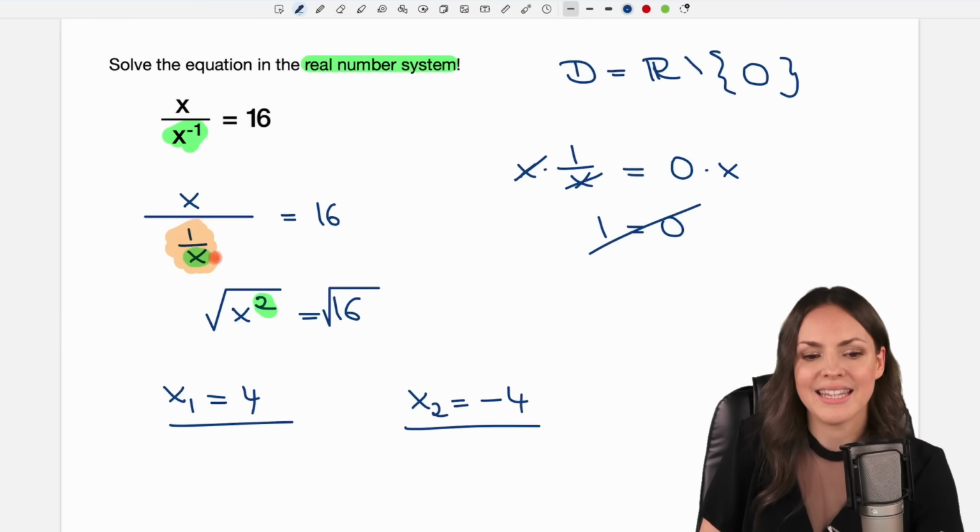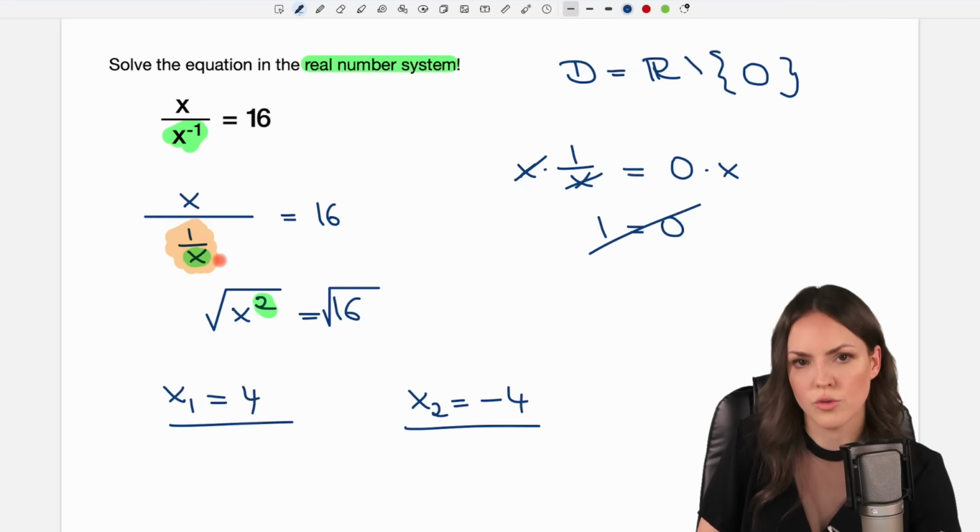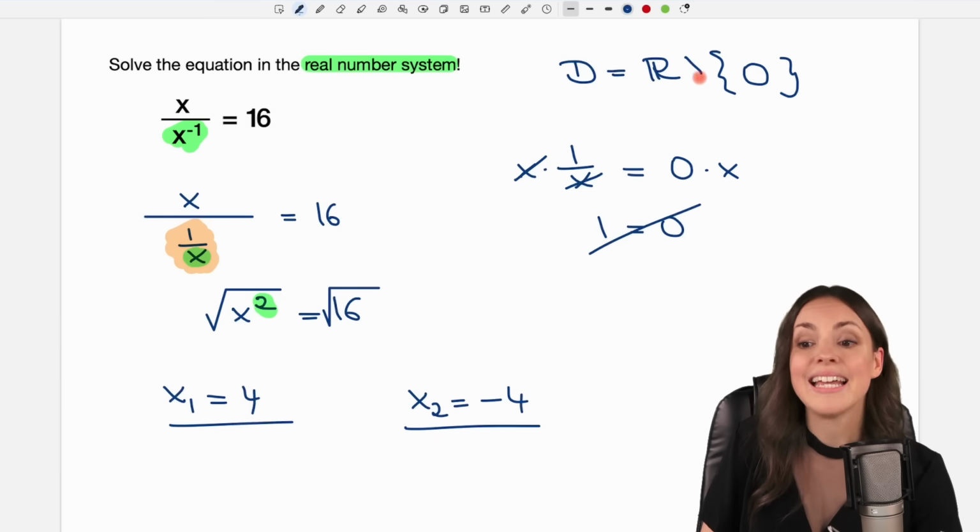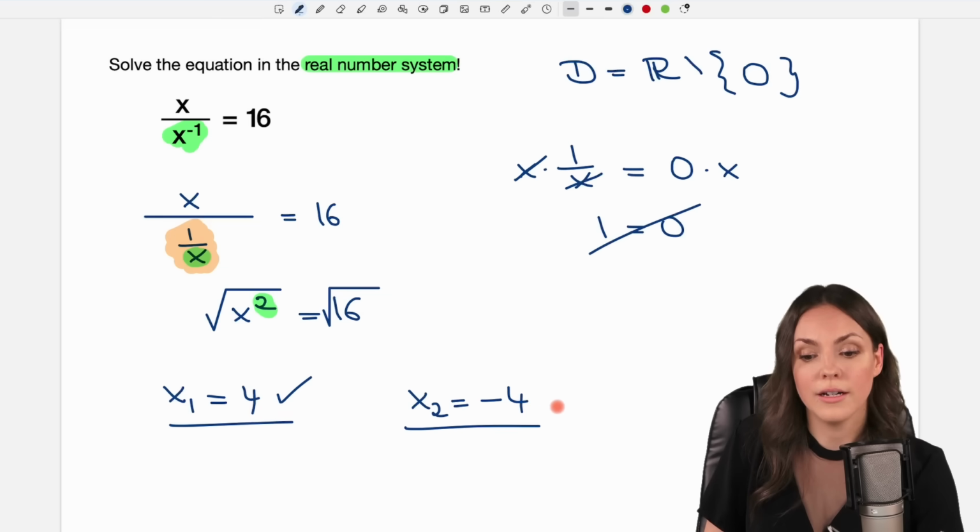So that means that this orange denominator will never be equal to 0. So we don't have to take any more numbers out of the domain. Only 0 is not allowed to be inserted for our x. That means that 4 and -4 are allowed to be inserted for our x, so that these two are really solutions to our equation.